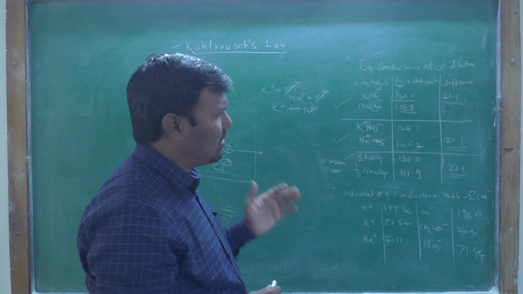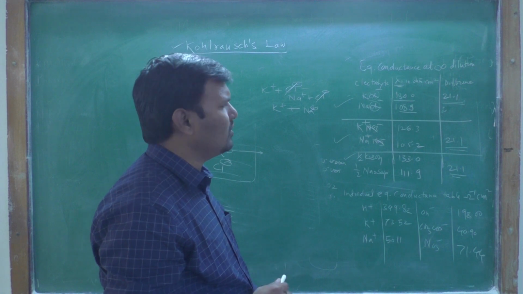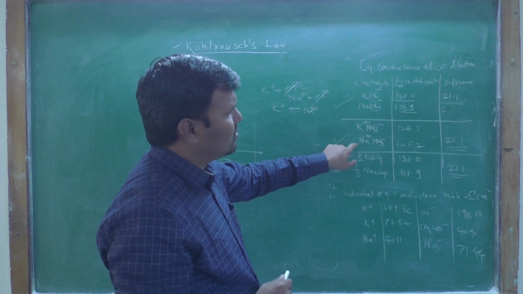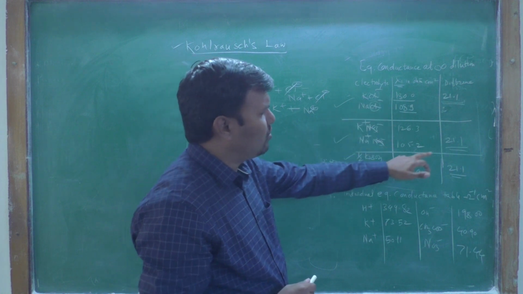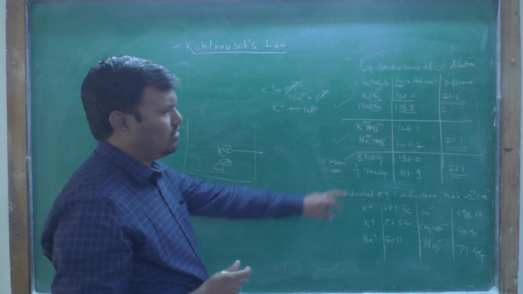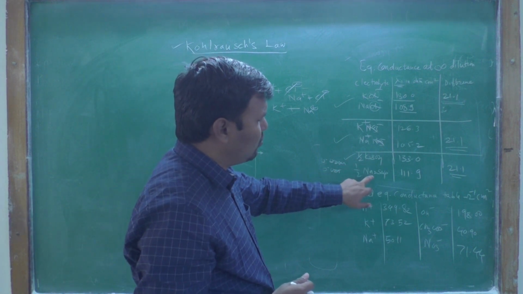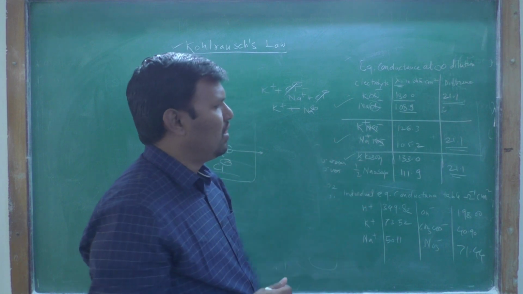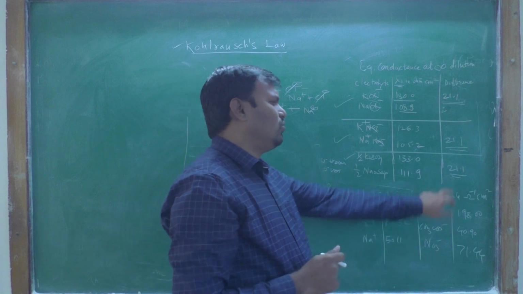In this case also the difference between K plus and Na plus lambda 0 is 21.1. For K2 and Na2 we take 1/2, then it is K and 1/2 Na2 is Na, therefore the value is also 21.1.